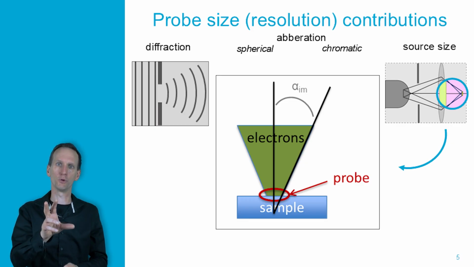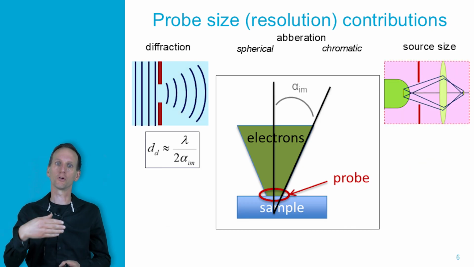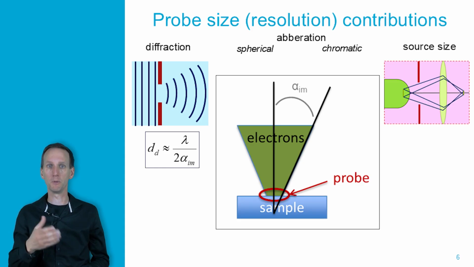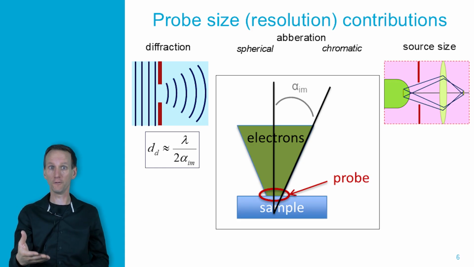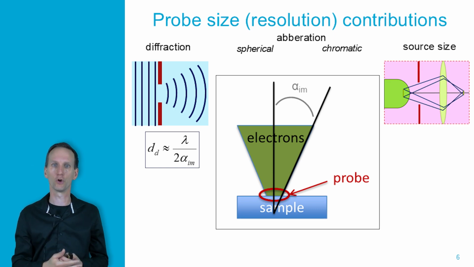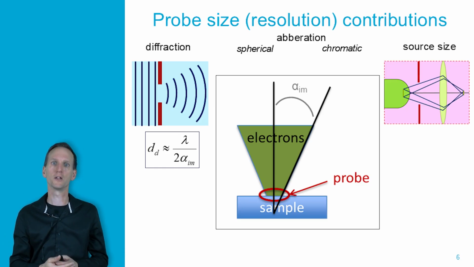Now, these four contributions depend on several factors. An important factor is the opening angle of the beam in the image plane, the beam opening angle. So for diffraction, we know that the diffraction-limited size of the probe relates to the wavelength of the electron, so the energy at which it traveled, divided by twice the opening angle of the beam.